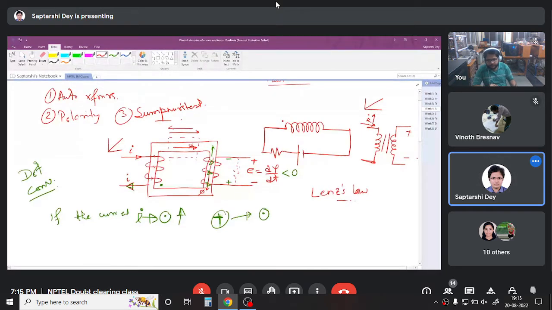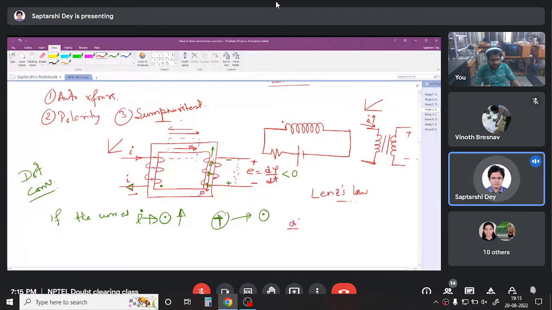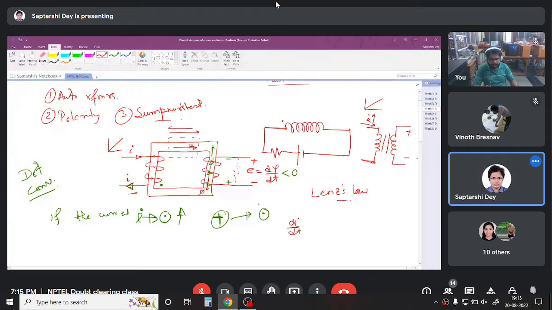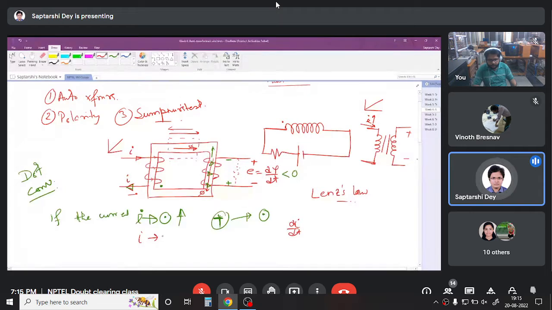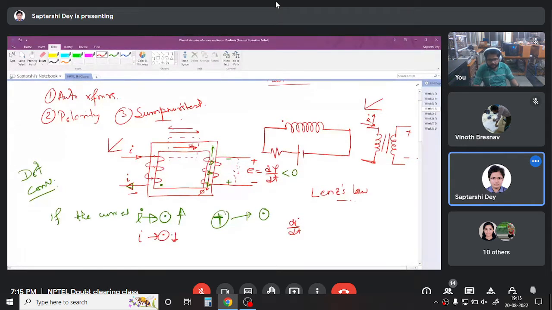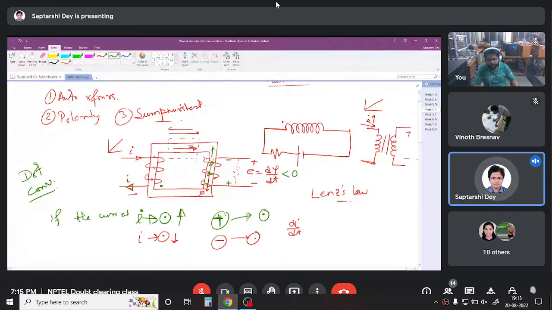So current going out increasing is nothing but current going in decreasing, right? It is nothing but di dt with direction. So if I have the opposite here, now I have a current which is going in the dot and decreasing. So my negative terminal, or where I am getting the negative potential, will now be termed as dot. So I will have dot here.